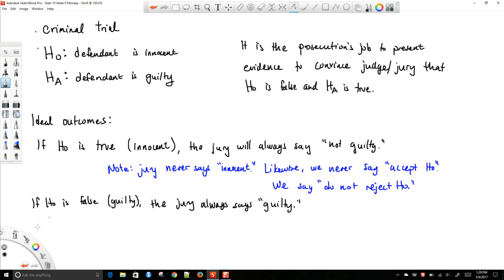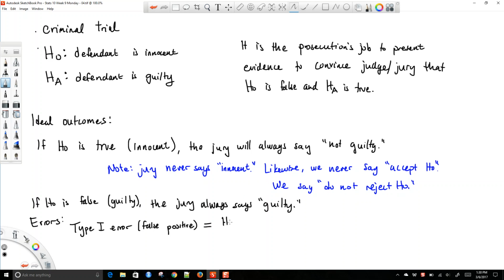Okay, and then we have two possible mistakes. Which one is the type 1 error? What is the type 1 error? The false positive. So a false positive for a criminal trial would be that the null hypothesis is true, but the conclusion is to reject the null, right?